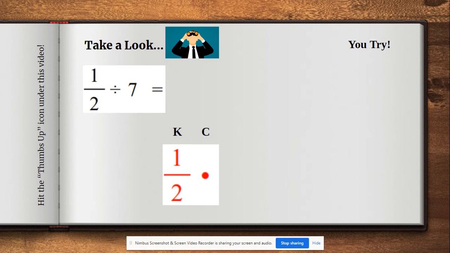Now, I want to pause right here for a second. Notice that that is not an X. Sometimes, or rather, most times, we see multiplication with an X. So number times another number, and number X, another number. As you go through math, different grades, you'll also notice other ways that you can use multiplication.